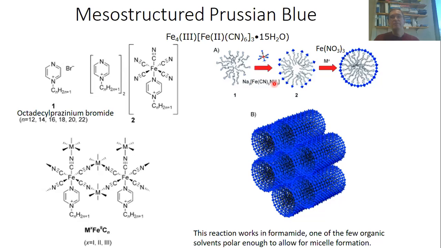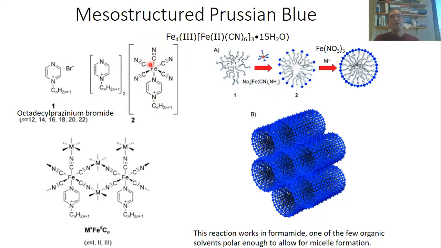And then during the reaction, this amine ligand here is lost, and the iron actually binds to that second nitrogen here at our surfactant. So now you have a surfactant which has this complex ion head group here.